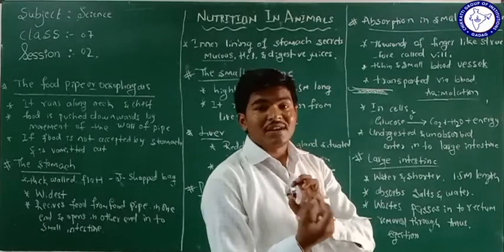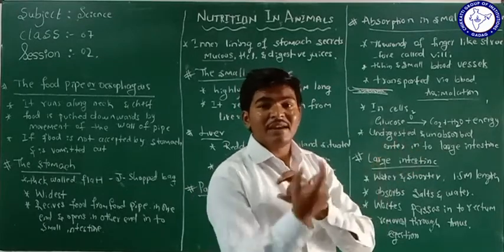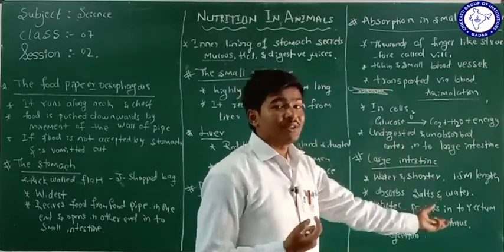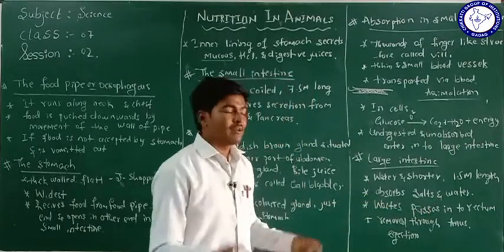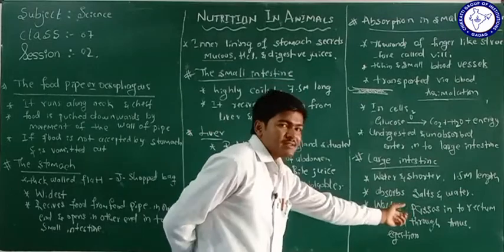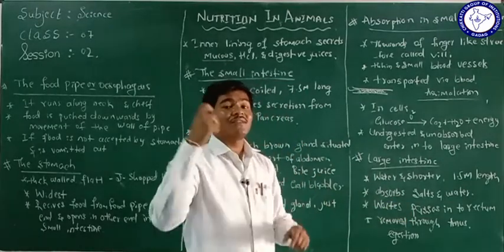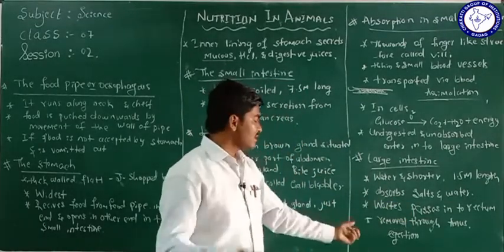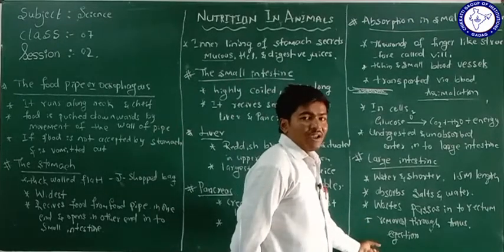That waste will be removed through the structure called the anus, and the process of removal of waste products from the anus is called egestion. Have you understood?